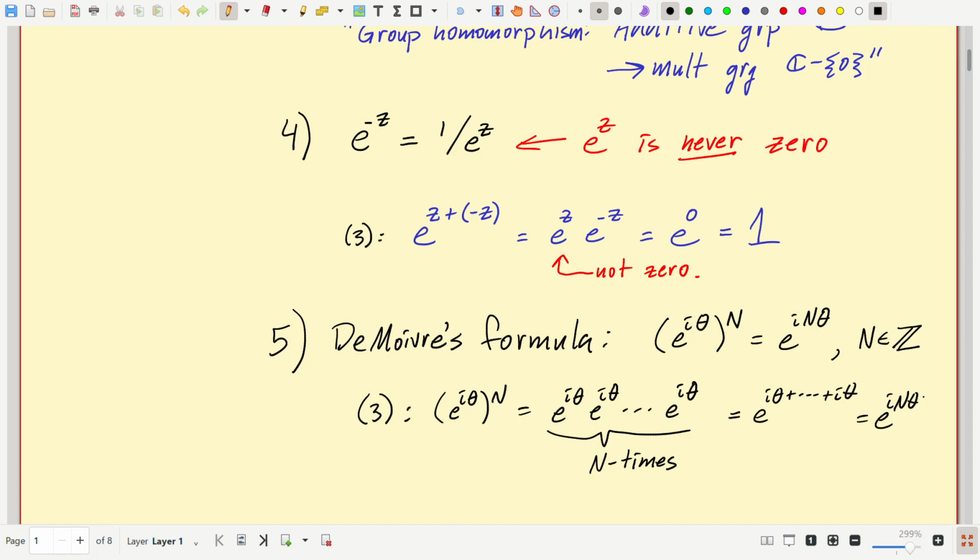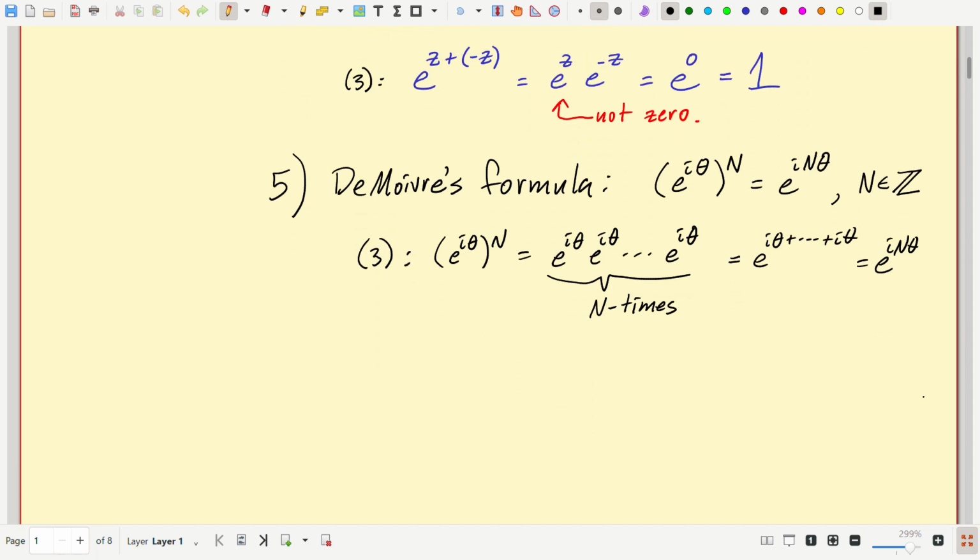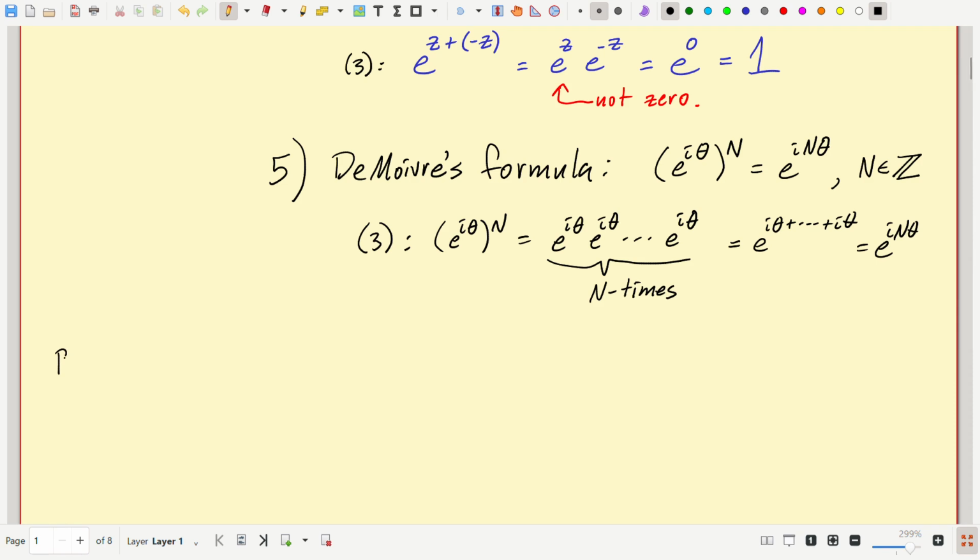So the big thing I want to show you, because it implies all the other stuff, is number 3. So, proof of 3. Let's write e to the z times e to the w, where z is x plus iy, and w is u plus iv.